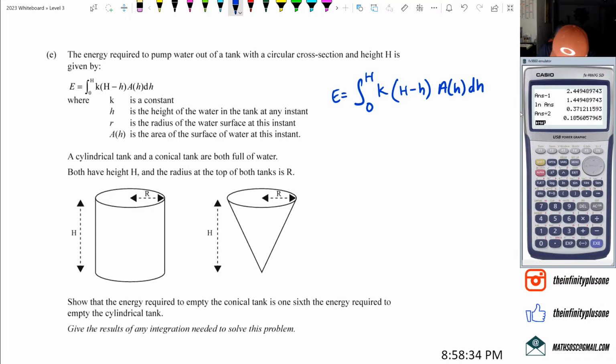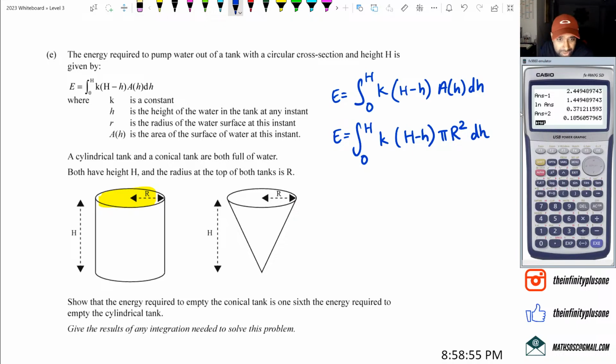Now area of h is the surface area at this instant, right? If you look at the cylinder, that is basically just pi r squared, because that's a circle. So we're going to get E is equal to the integral from 0 to H of K (H minus h) pi R squared dh.